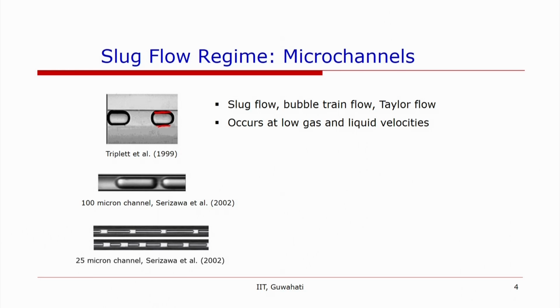Again, this is in 1 mm channel from Triplet et al., and this is from 100 micron channel and 25 micron. The flow direction in this case is in this direction, and here the flow is probably happening in this direction, and in this case again it's not very clear from here. So, anyway, this is 25 micron channel and this is 100 micron channel.